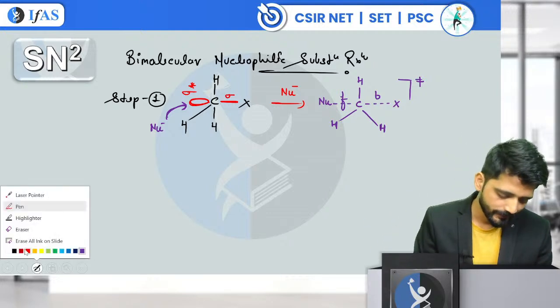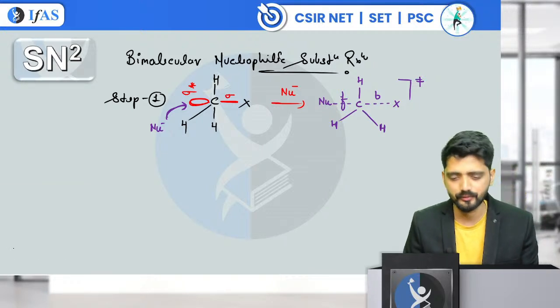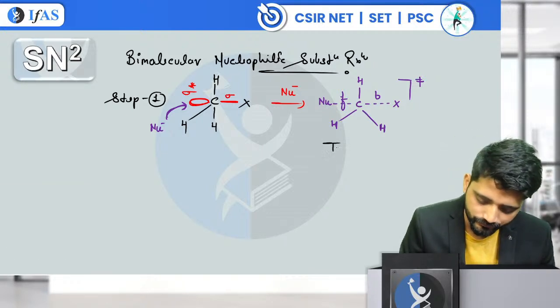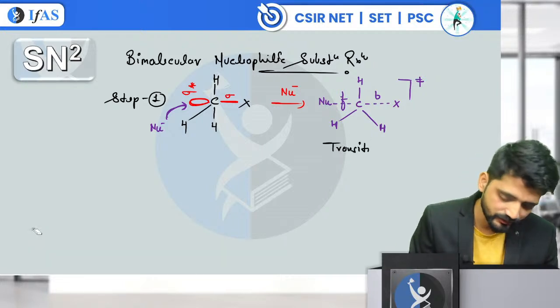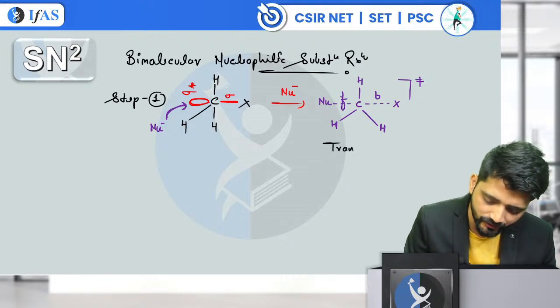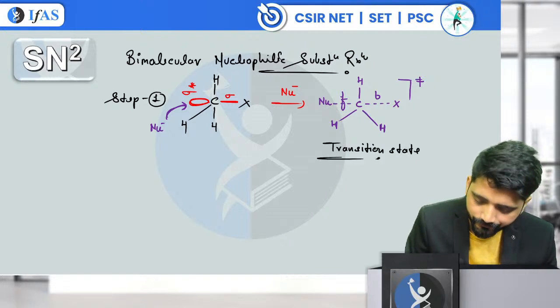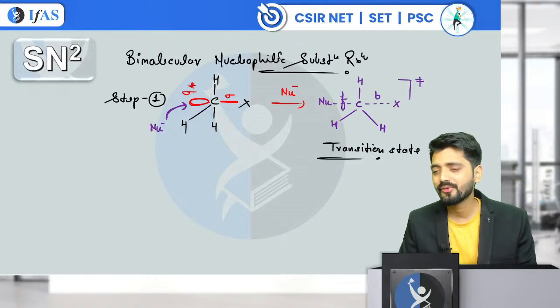A straightforward question can be asked on this transition state. It is very important because there are so many questions which are explained on the basis of its transition state. Yes, do share your views.